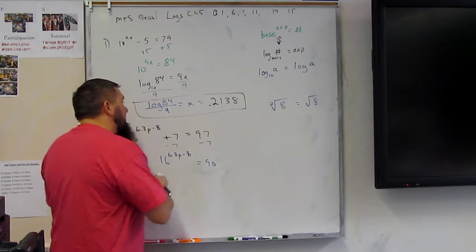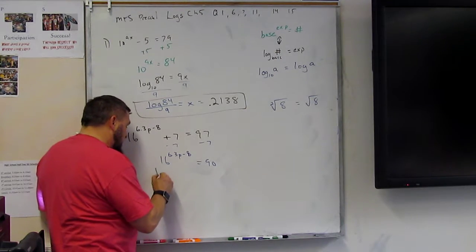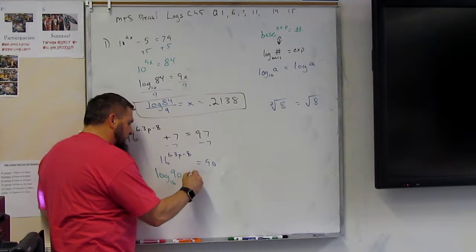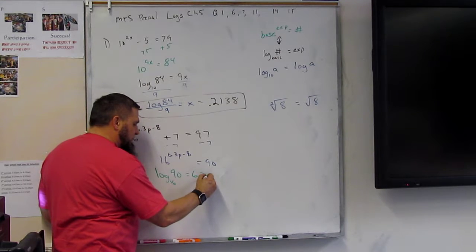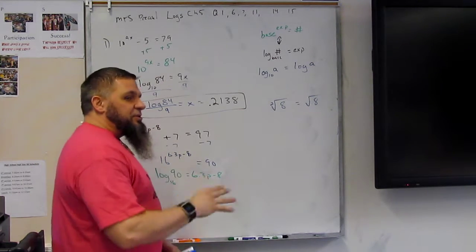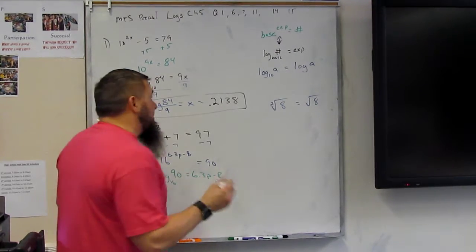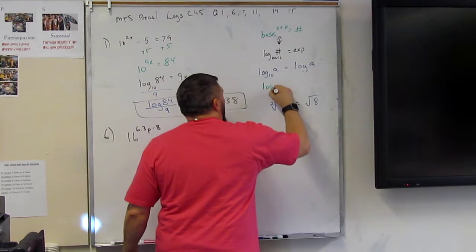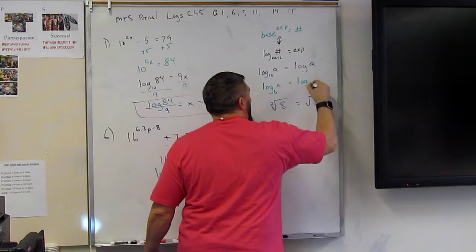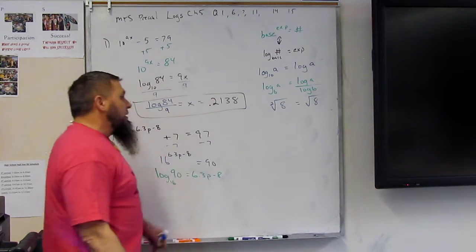And so now I take it and put it in log form. Log base 16 of 90 is equal to 6.3p minus 8. Now before I can start solving, I need a rule. And that rule, remember from last year, log base b of a is equal to log a over log b.